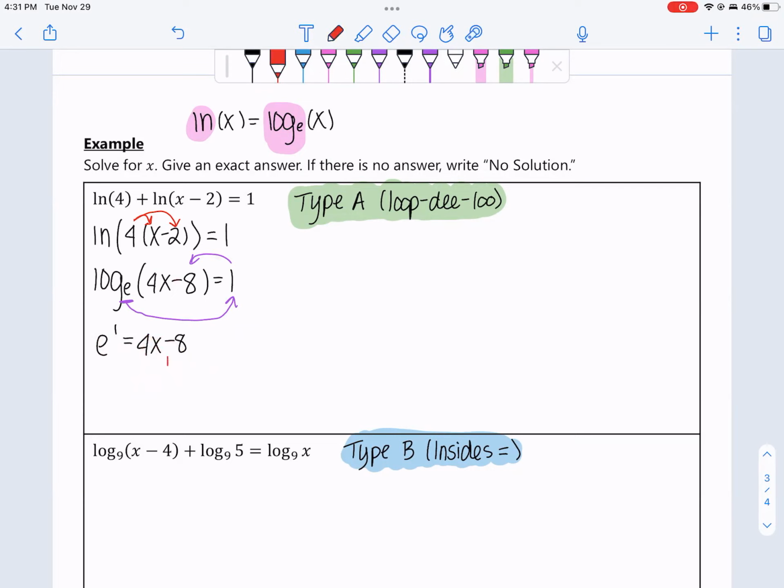So I'm adding 8 to both sides. I get e plus 8 is equal to 4x. To get x completely by itself, I will need to divide both sides by 4. This gives me x equals e plus 8 all divided by 4.